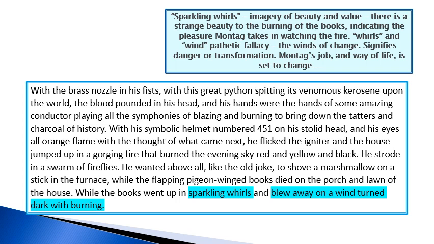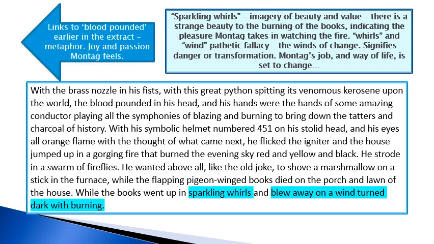Whirls and wind, not only is that alliteration, but it's also pathetic fallacy, the use of the wind. And in literature, we have this motif of the winds of change, which you might be familiar with from Lord of the Flies, that the wind signifies transformation in some way, that something is set to change. So there's the possibility here that the wind could symbolise danger or transformation, that Montague's job and way of life is going to change.